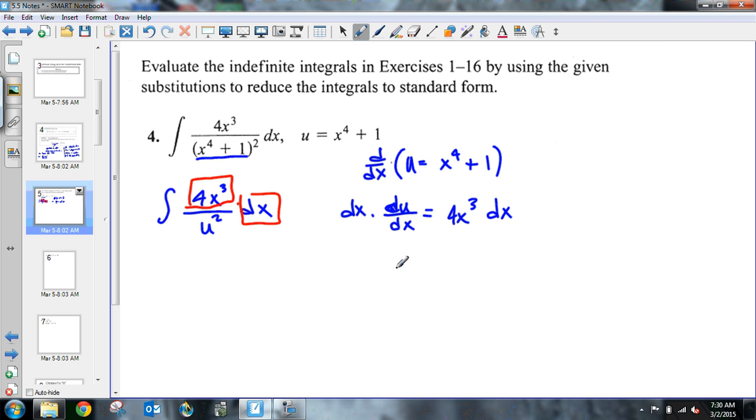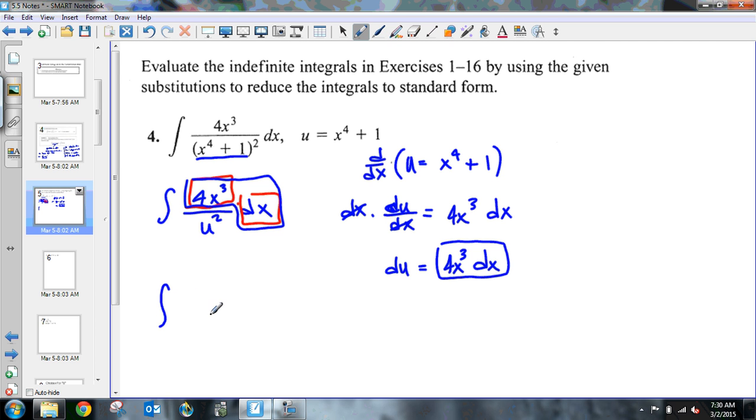The dx's divide out, and I get that the differential du is equal to 4x cubed dx. Now, I have this 4x cubed dx right here, and I can replace that with du. So I have the integral of 1 over u squared du.